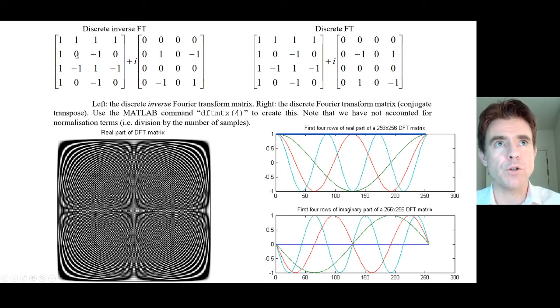This starts at 1, goes down to 0, goes down to -1 and back to 0. That's like the first frequency, just fitting in one waveform over those 4 samples. And here, for that third column, we're now fitting in, if you like, 2 waveforms. In fact, that's the Nyquist, it's the maximum we could fit in terms of frequency into just 4 samples. We can just fit in 2 whole waveforms there. So 1, -1, 1, -1.